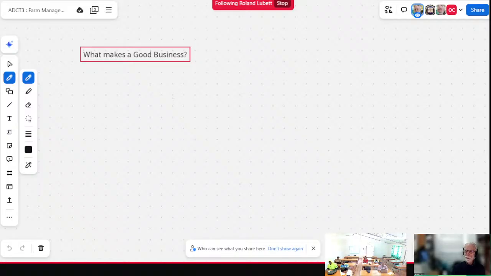A good business in the world makes money, but does not look after its employees, does not look after the community, does not look after the environment, does not look after creation. But a good business makes money, but also has several responsibilities.